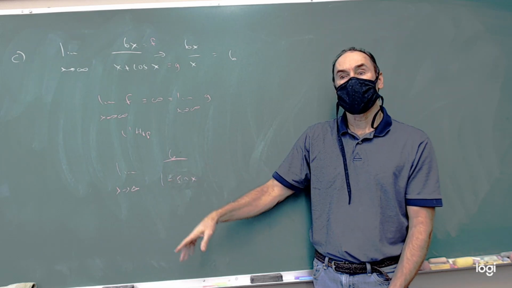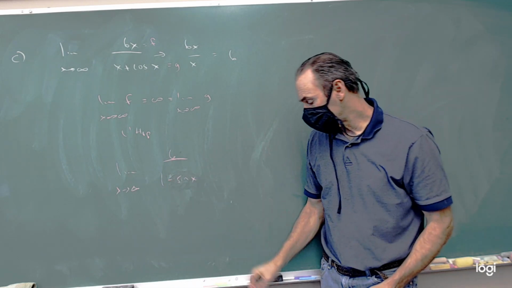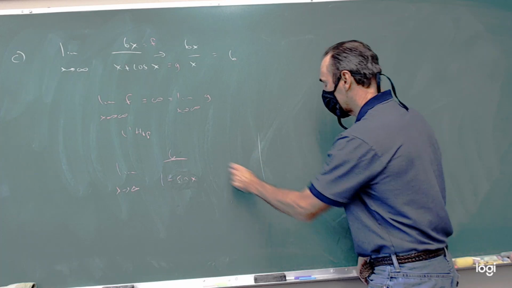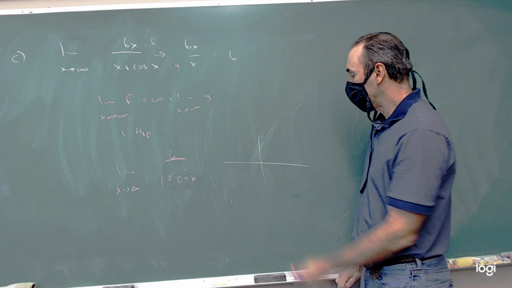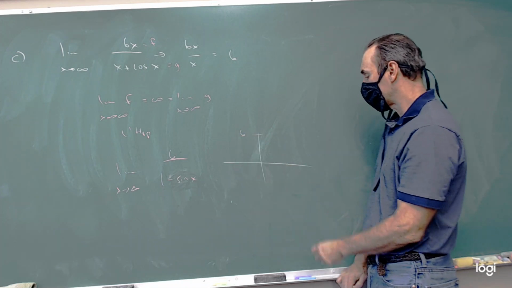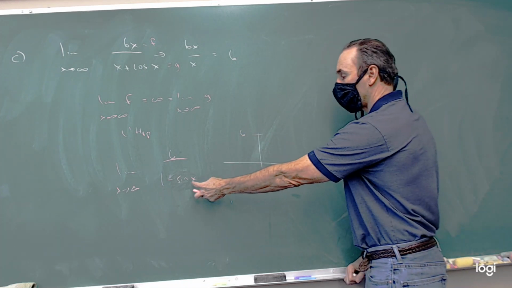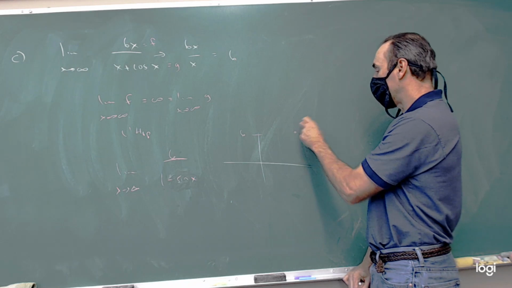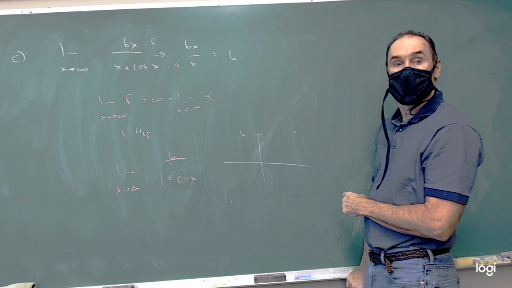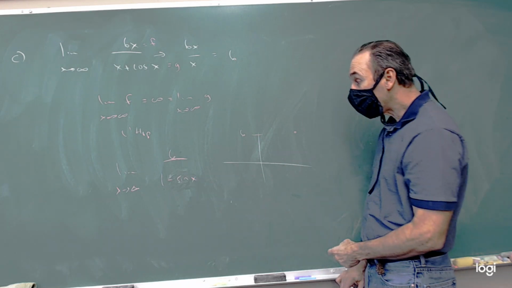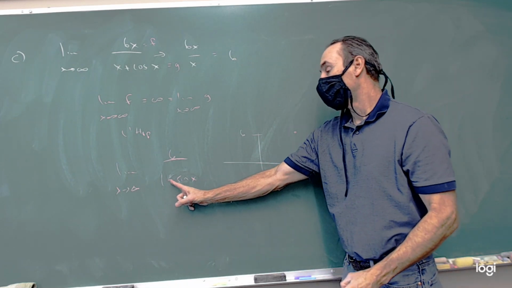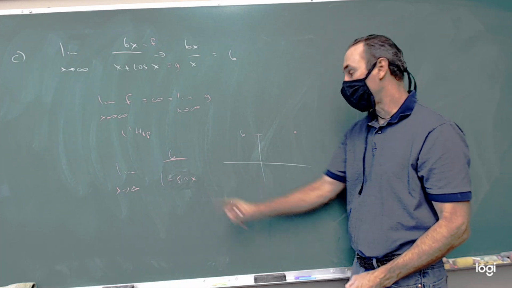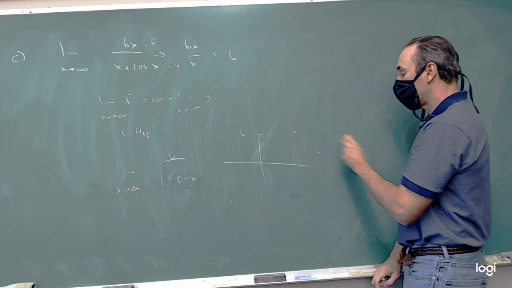So if we were going to graph this and say what is happening as x goes to infinity, we're going to see that if this is 6 and we're going out here, sometimes when sine is 0, we're going to get just 6. Sometimes when sine is -1, we'll get 1 minus the -1 is 2, 6 divided by 2 is 3. So we're going to drop down as low as 3.